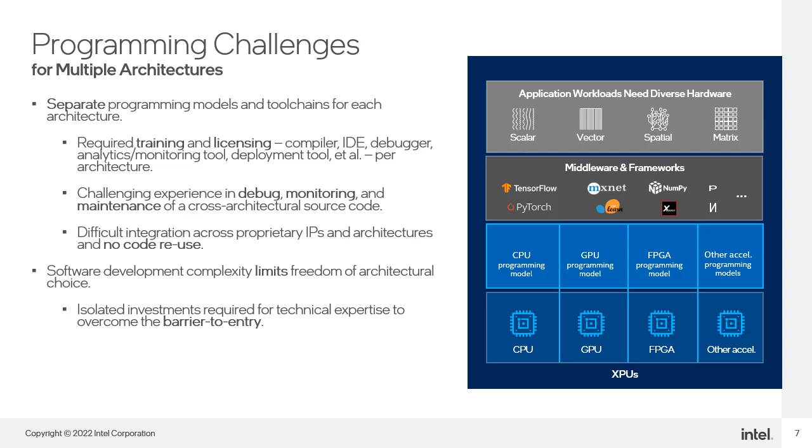These challenges also extend into the overall software experience, leading to software development complexity, which limits freedom of architectural choice. Thus, with heterogeneous computing comes this huge barrier to entry that makes it unappealing despite its numerous advantages. Only those with the resources to make the isolated investments required for technical expertise can afford to take advantage of diverse architectures on a single system.